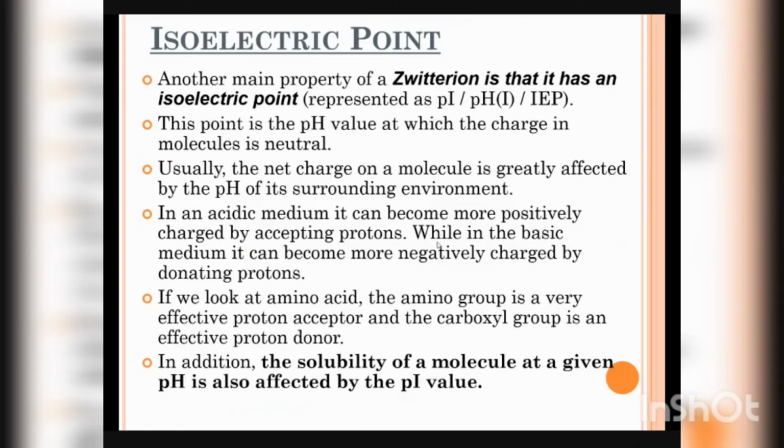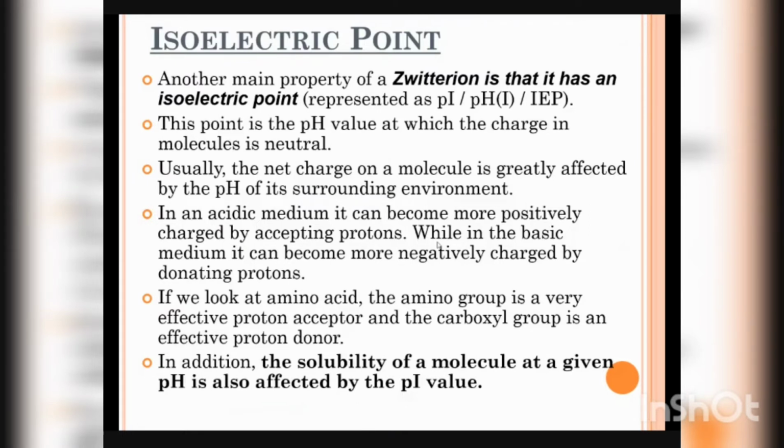Usually, the net charge on a molecule is greatly affected by the pH of its surrounding environment. In an acidic medium, it can become more positively charged by accepting protons, while in a basic medium, it can become more negatively charged by donating protons.